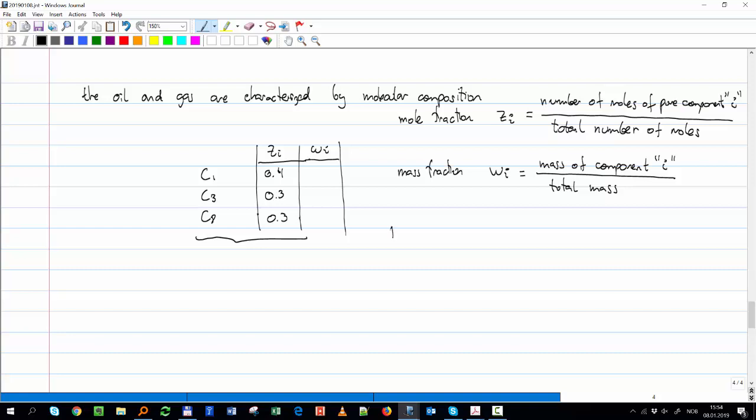The molecular weight of a pure component is simply the mass divided by the number of moles of that particular component, okay?